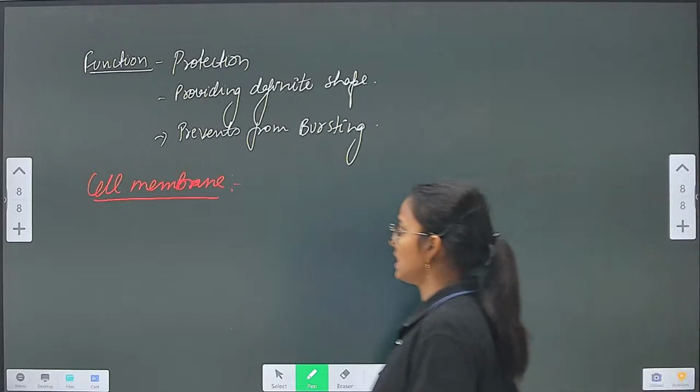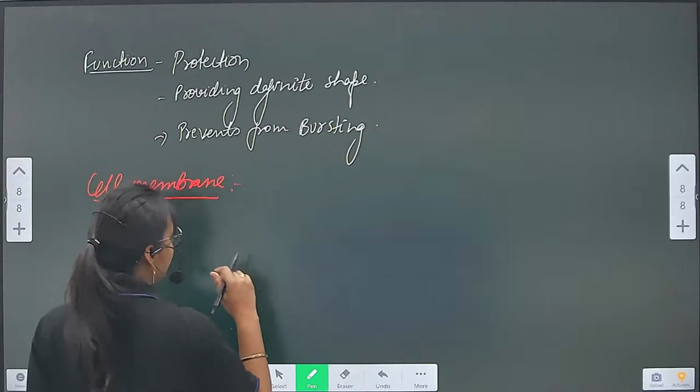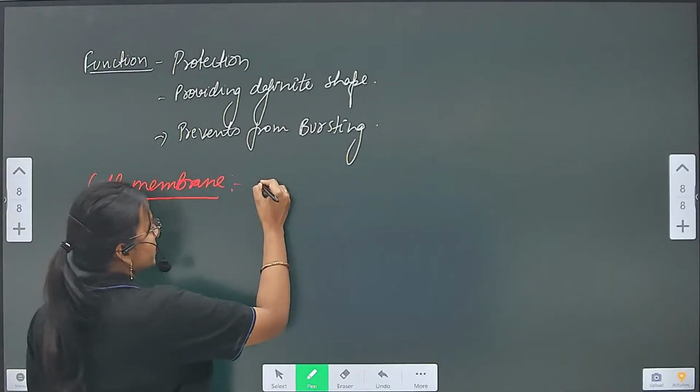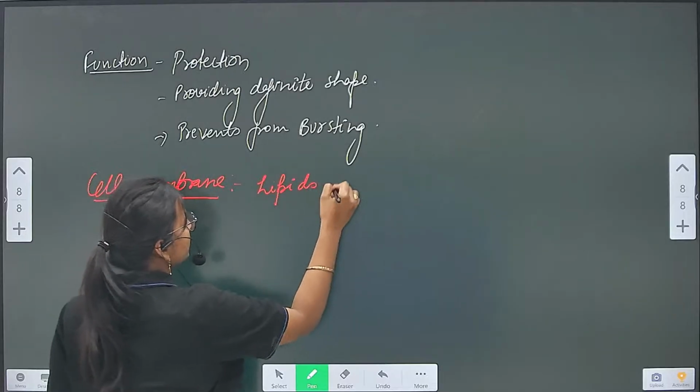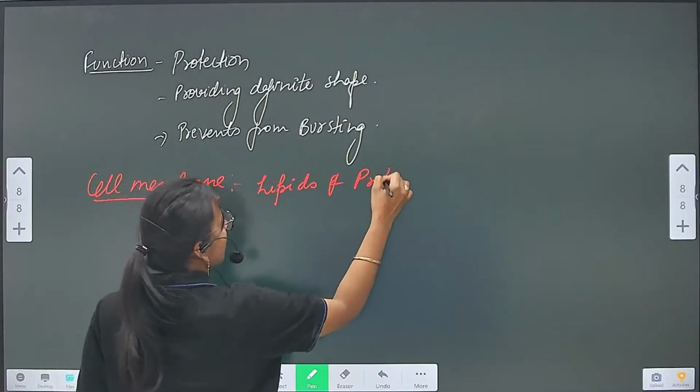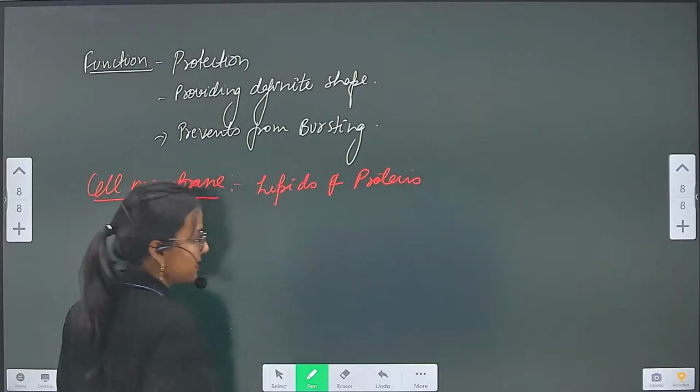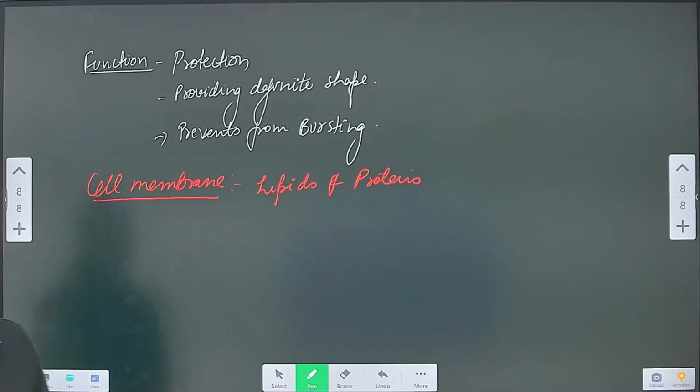Now cell membrane. Cell membrane in eukaryotic cell is made up of lipids and proteins. Okay? How much lipids and how much proteins? Have you gone through your NCERT?